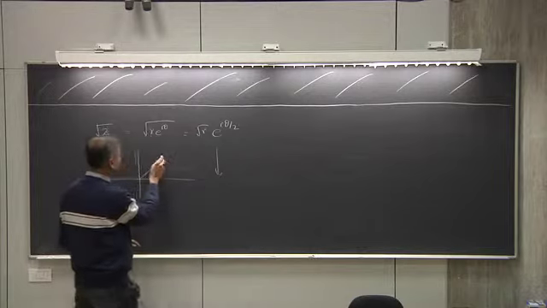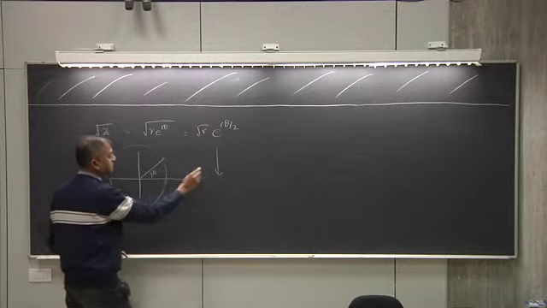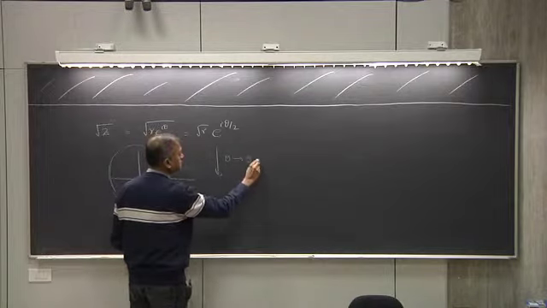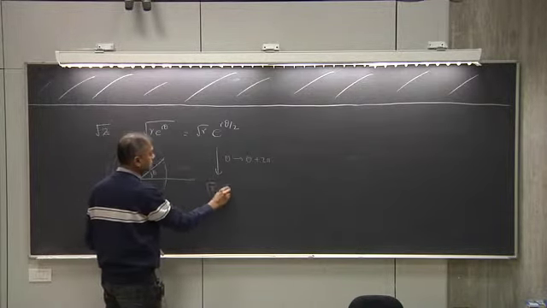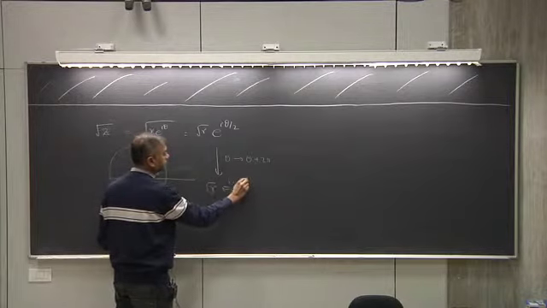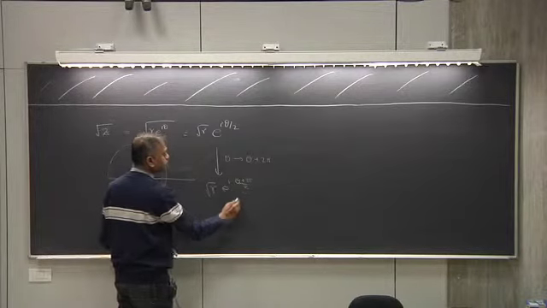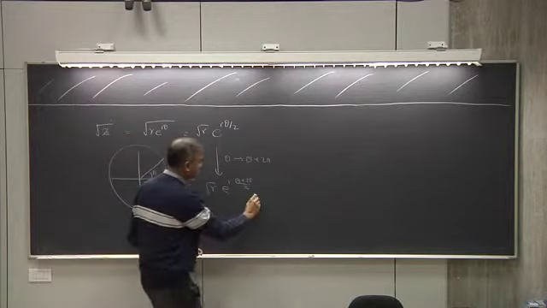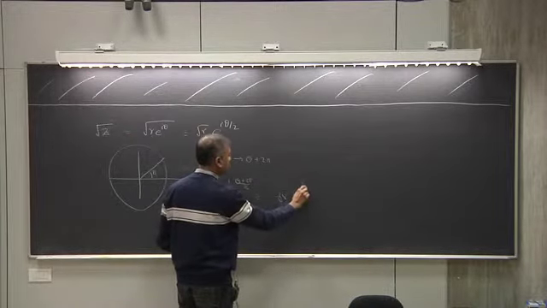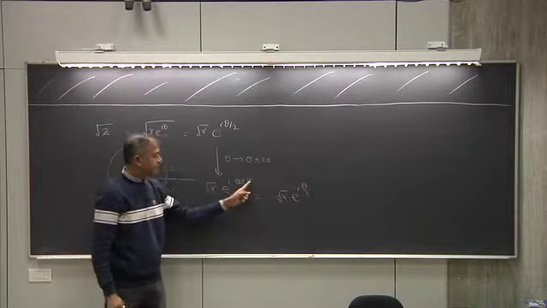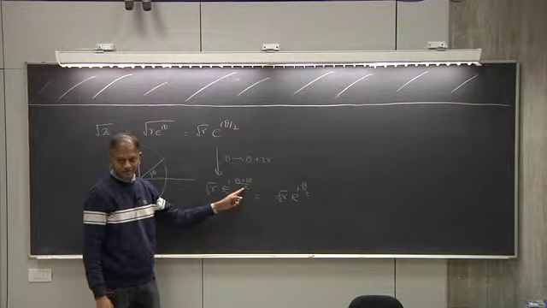When I move around the circle, theta goes to theta plus 2 pi. This will go to square root of r times e to the power of i (theta plus 2 pi) by 2, which is square root of r e to the power of i theta by 2 times e to the power of i pi, which is minus.